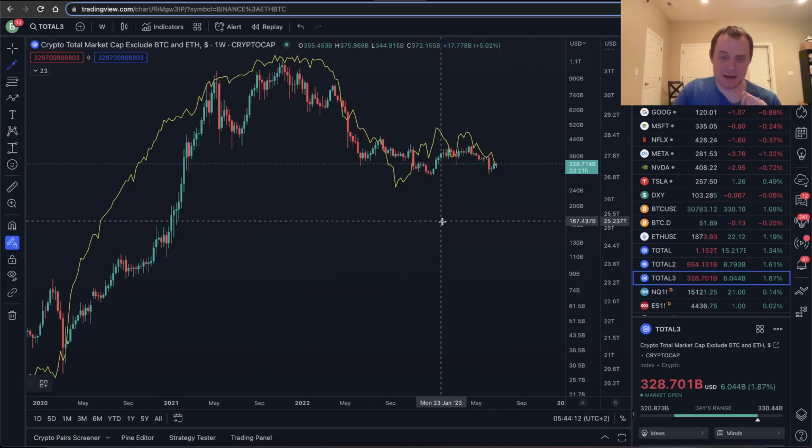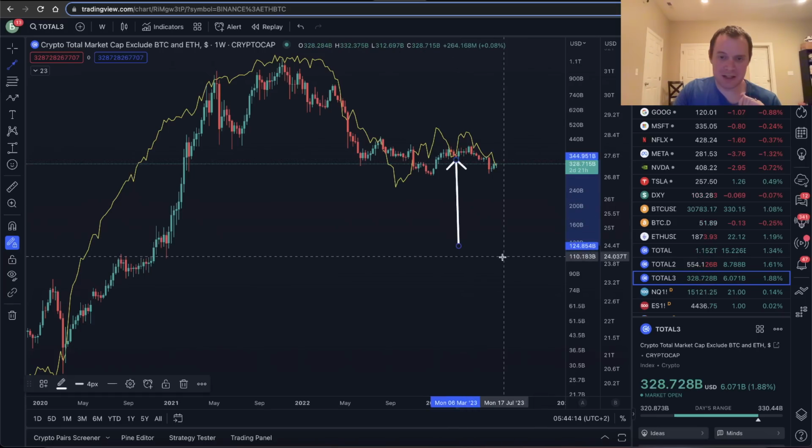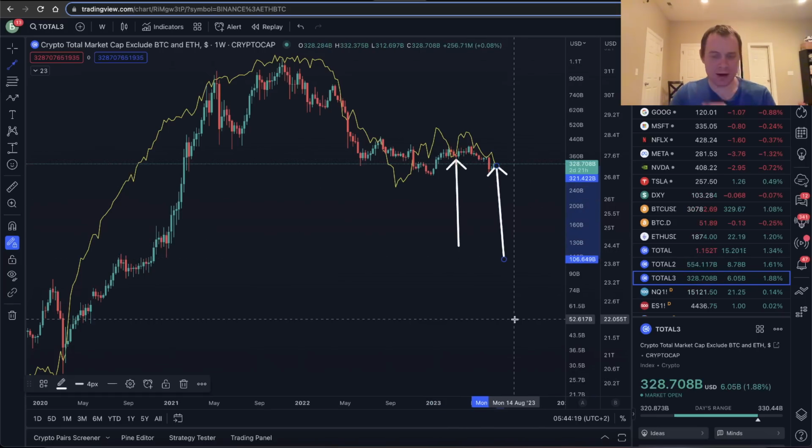Because in this example, this low matches, and even now, it matches. Remember, altcoins are higher risk. They need that excess liquidity to do well in a sustained way. They really need that excess liquidity.